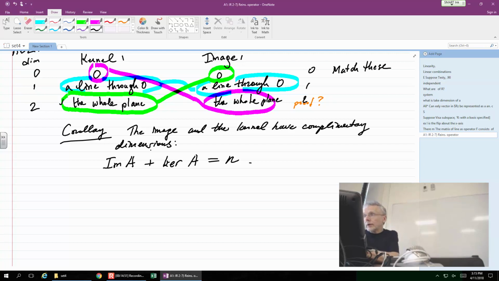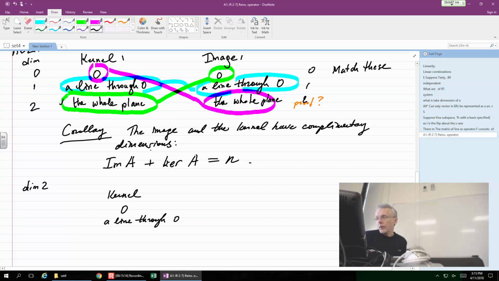Okay, so that is the match. You can even try to describe it once again for dimension 2. We have three classes. So let me try to put it once again. If I try to put these two matched up: kernel 0, a line through 0, the whole plane, and they are matched up with the images.